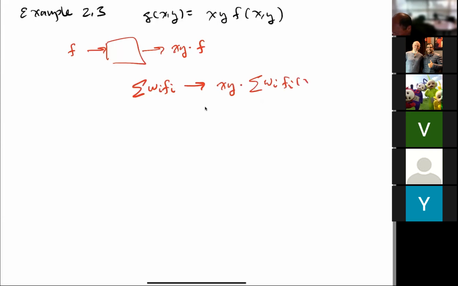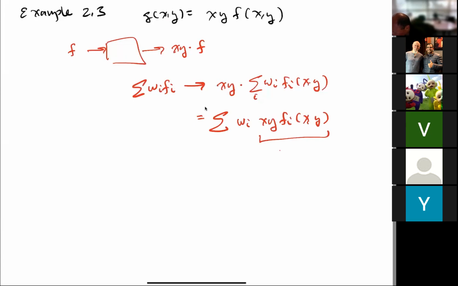And we can put the x y back in here just so it's explicit. So that can also be written as, since we're summing over i's, we can bring the x y in. So that's going to be w_i, x y, f_i of x, comma, y.